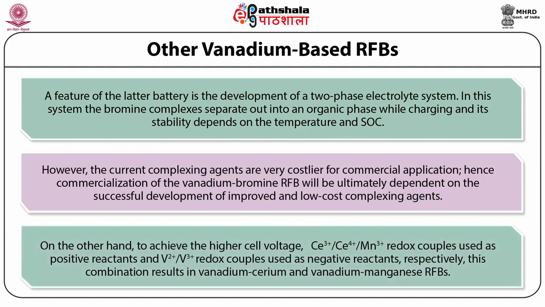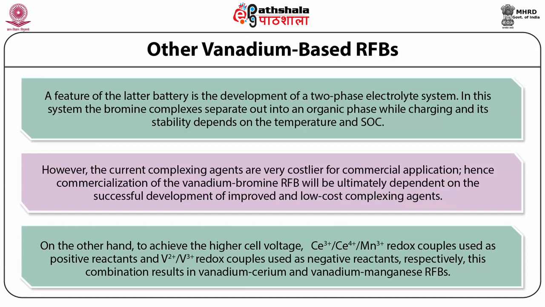On the other hand, to achieve the higher cell voltage, Ce3+ or Ce4+ or Mn3+ redox couples are used as positive reactants and V2+ or V3+ redox couples are used as negative reactants respectively.